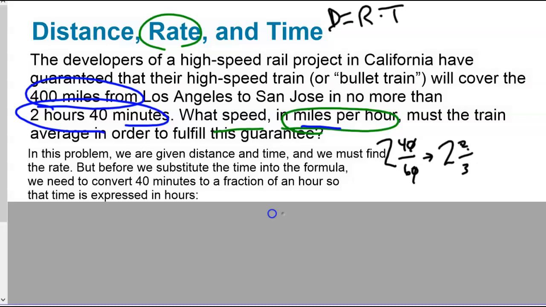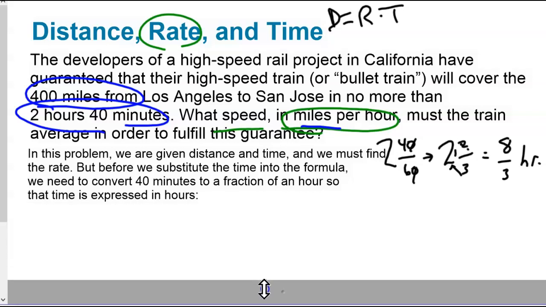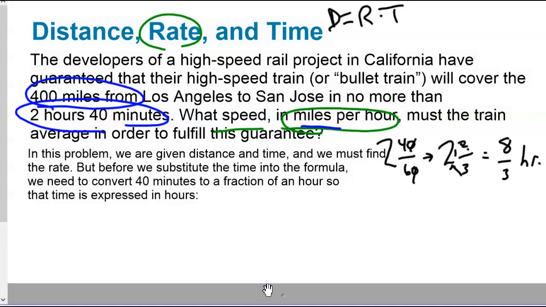Now, making this into an improper fraction, we multiply 3 times 2 is 6, plus 2 is 8/3 of an hour. So now, when we go to work with our problem and figure out what the speed is in miles per hour, we have a number that we can work with.